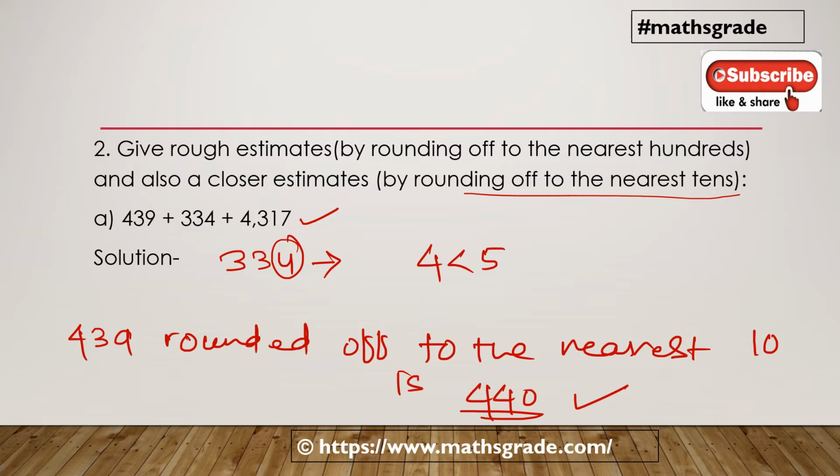That is, write down 3 in the tens place digit as it is, and write down 0 in the unit place digit. That is, 4 changes to 0. So 334 rounded off to the nearest 10 will be 330.